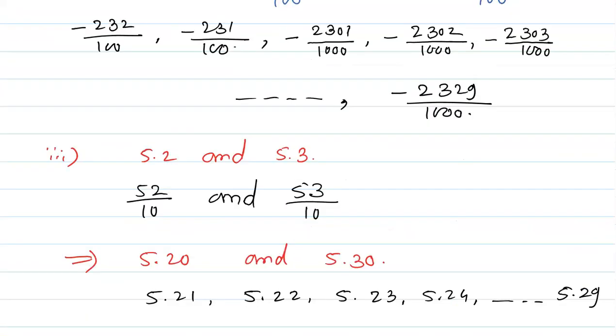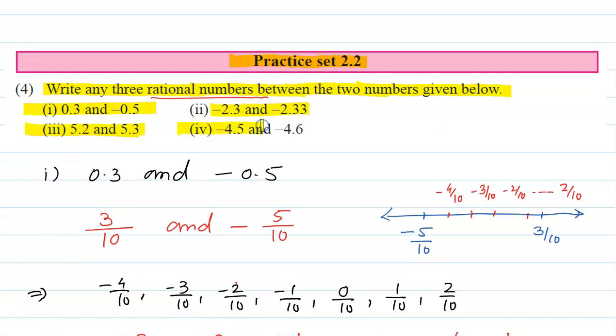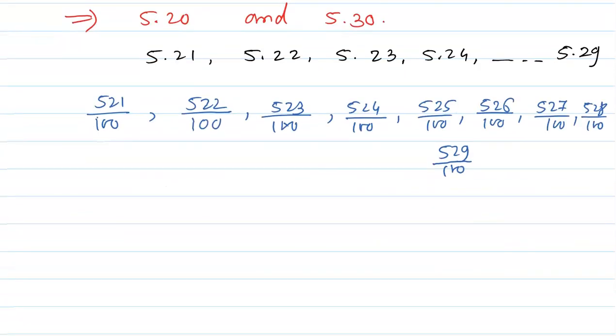Now look at the next sub question, sub question number 4, minus 4.5 and minus 4.6. So I am writing now, we have to write the decimals between the fourth sub question, minus 4.5 and minus 4.6.